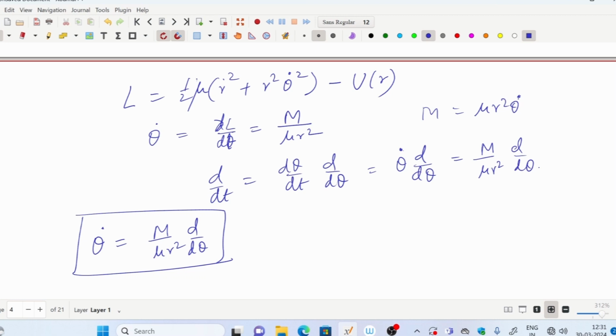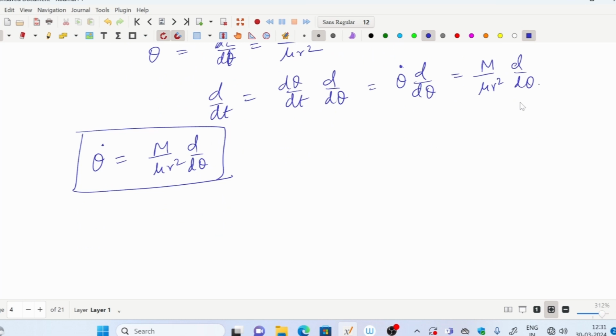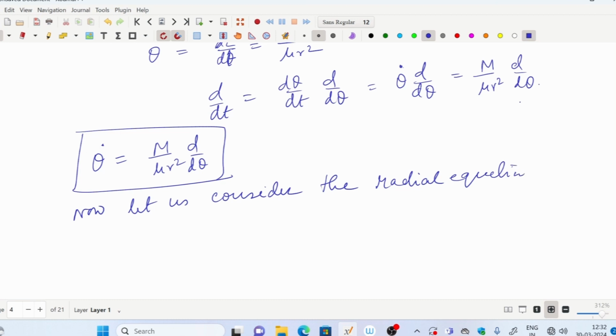Now, let us consider the radial equation for r. This is d dt of del L del r dot minus del L del r equal to 0.